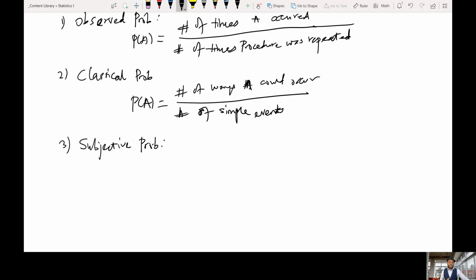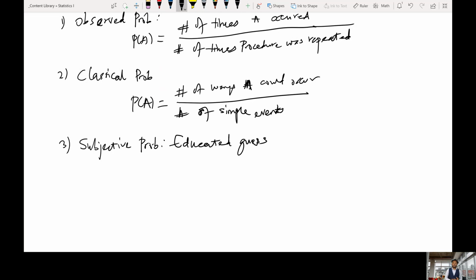A subjective probability can be defined as an educated guess. So take, for example, you have a problem and you decide to go to see the doctor. And you decide to see 3 doctors on a particular day.